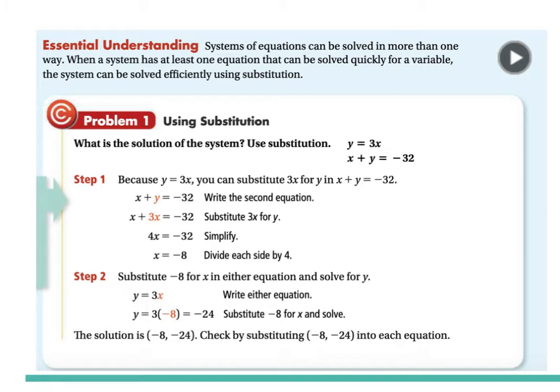So over here on the right, the first thing that I want you guys to do is find out if there's a variable with no coefficient. Is there a variable with no coefficient?